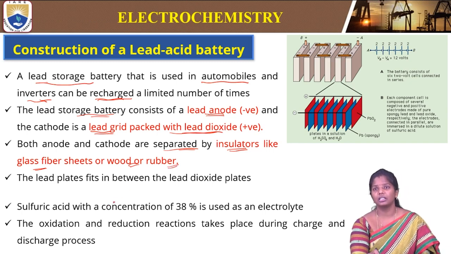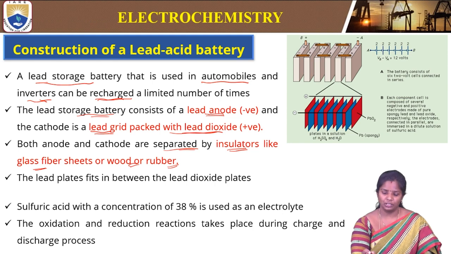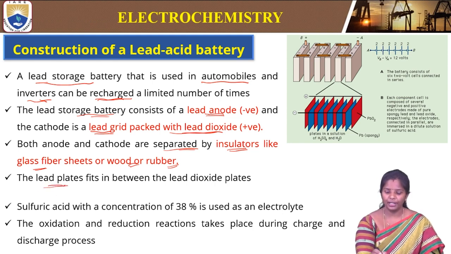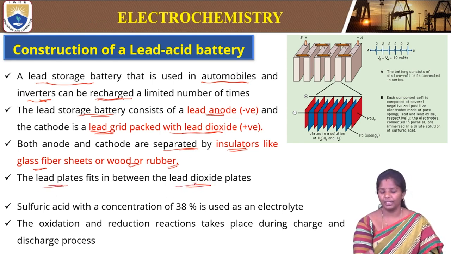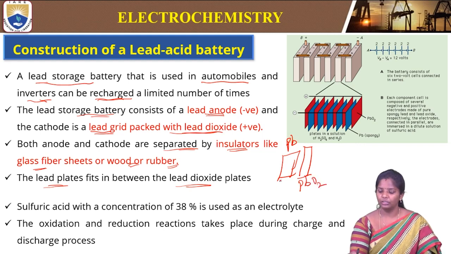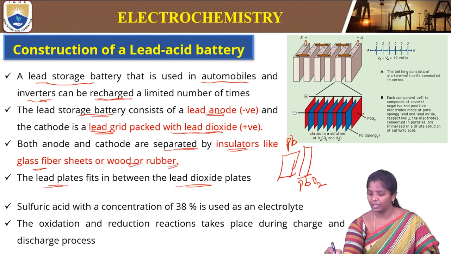These are the insulators used to separate the anode and cathode material. The lead plates fit in between the lead dioxide plates. So one plate will be lead, and the other plate will be lead dioxide. They are connected in series, as we see from the diagram.